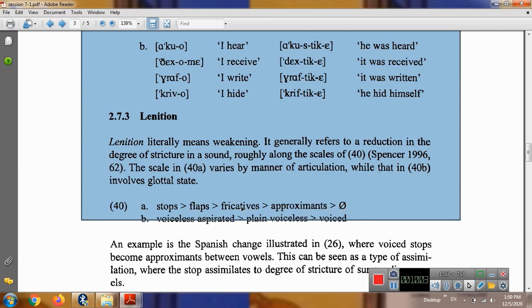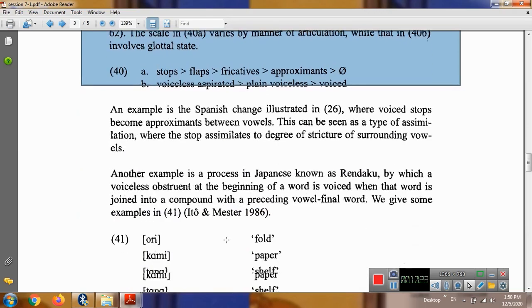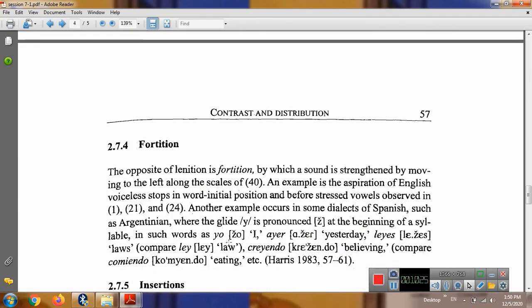After that, when the approximant turns to the fricative, the fricative becomes a flap, and the flap becomes a stop, we say that we have fortition. And when the voiced sound turns to the plain voiceless, and plain voiceless turns to the voiceless aspirated, we say that we have fortition, which is opposite to lenition.